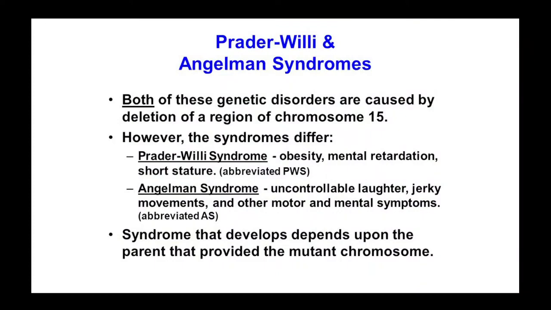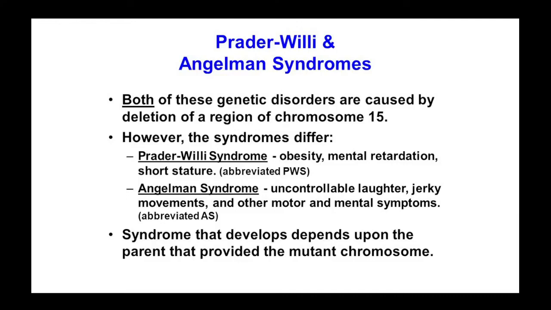Both of these disorders are caused by deletion of a region of chromosome 15. But Prader-Willi syndrome is caused by deletion in the paternal chromosome, and Angelman syndrome is caused by deletion in the maternal chromosome.